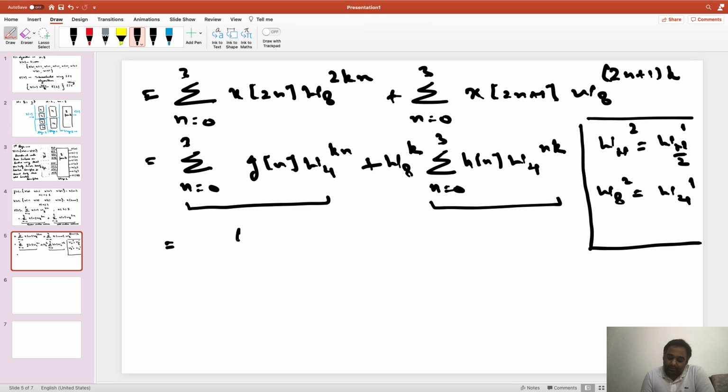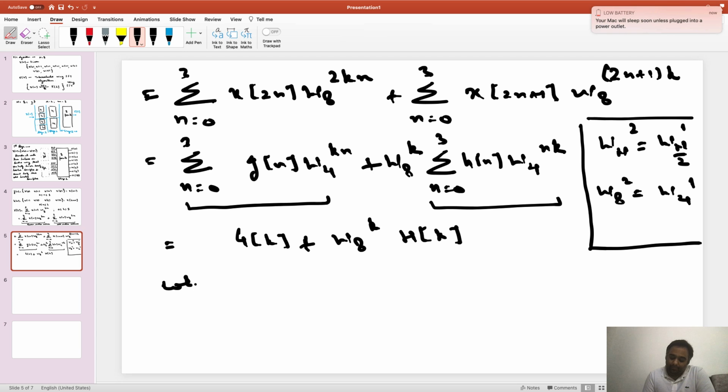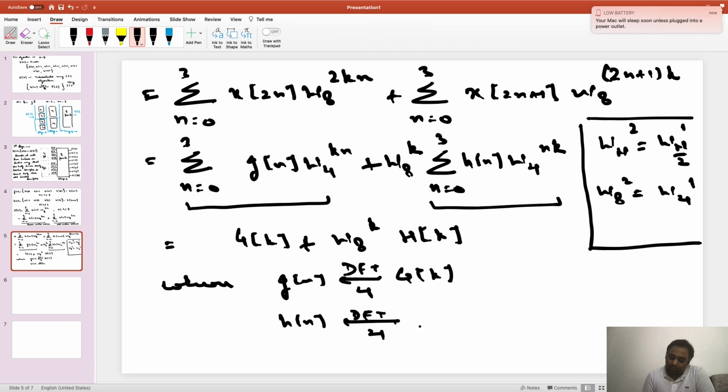So I can write this as Gk plus W8^k Hk, where I can say that g[n] is DFT over 4 points, which gives you capital Gk, and h[n], if DFT is evaluated over 4 sample points, you will get Hk, right?